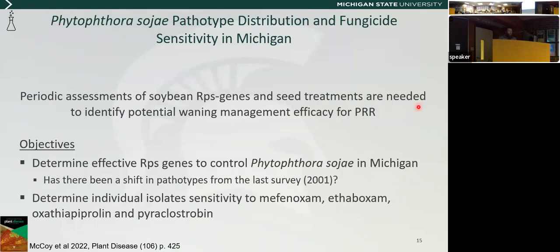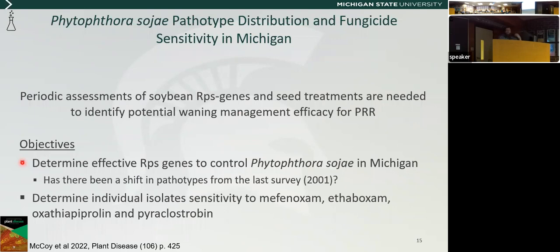So using that Haggis package, we then looked at the Phytophthora sojae pathotype distribution and fungicide sensitivity testing in Michigan. So looking at our R gene efficacy and our chemical management options efficacy across the state. Our primary objectives here were to determine effective resistance genes to control Phytophthora sojae in Michigan, what's effective and what's available.